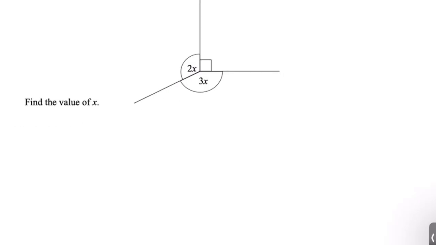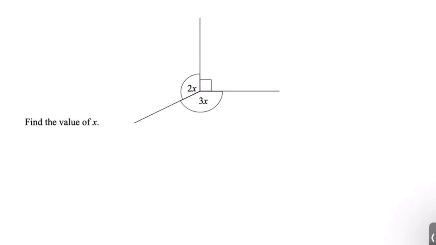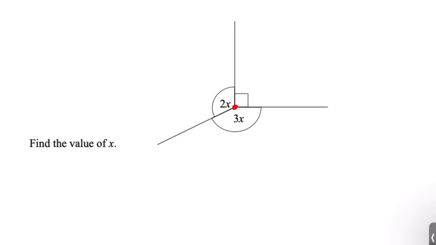This time we've got an angles question. Okay, now again, with algebra and any other topic in maths, it's just about how you think about it. So this is around a point. Can you see we've got a point in the center and the angles are drawn around a point. Now, because they've been drawn around a point, we know a key fact. We know that angles around a point add up to 360 degrees.